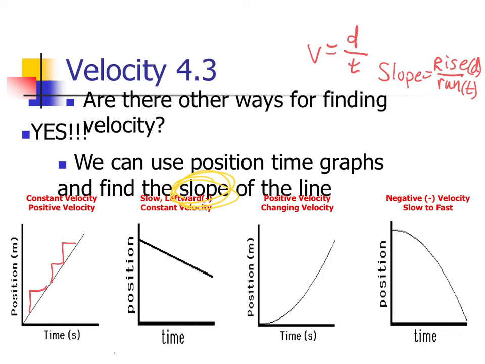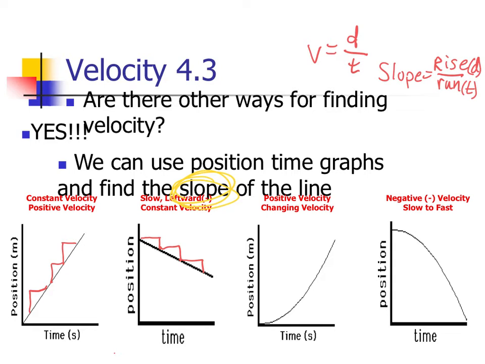And the same can be said for the other graph over here. This rise over run would have a negative velocity. It's constant because the rise over the run is constant.